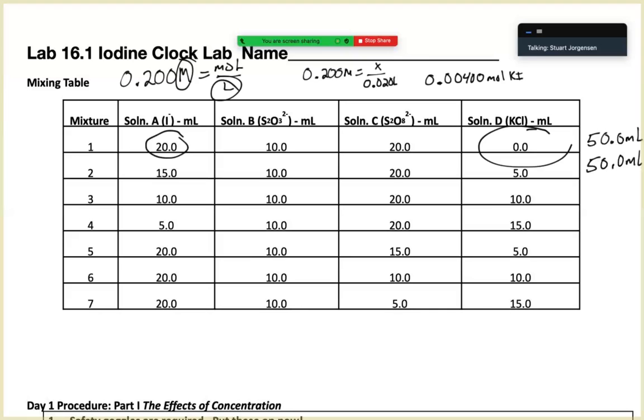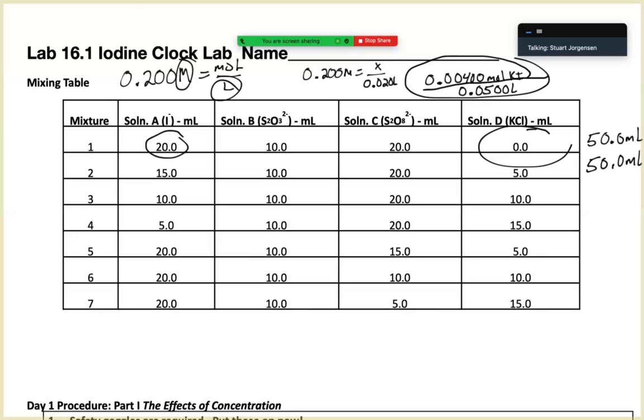So if we want to know our new concentration, we take our total moles of substance in solution. We know we added 0.00400 moles of potassium iodide. We divide that by the new volume, in liter form that's 0.0500 liters.